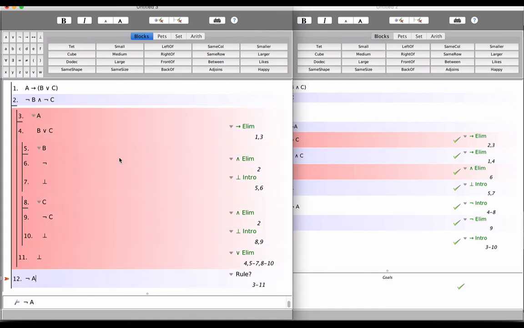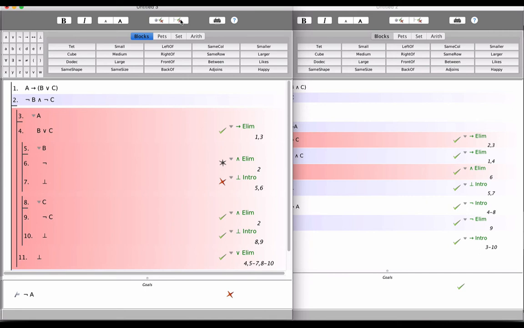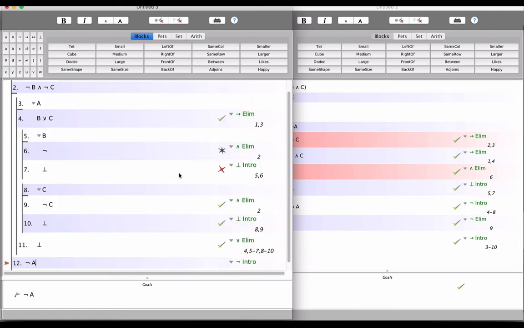Lines 3 through 11, negation intro. Verify our proof, and we're getting an X. Let's find out why. Oh, I see. Oopsie. I thought I typed a B, but maybe I didn't. All right, let's try this again.